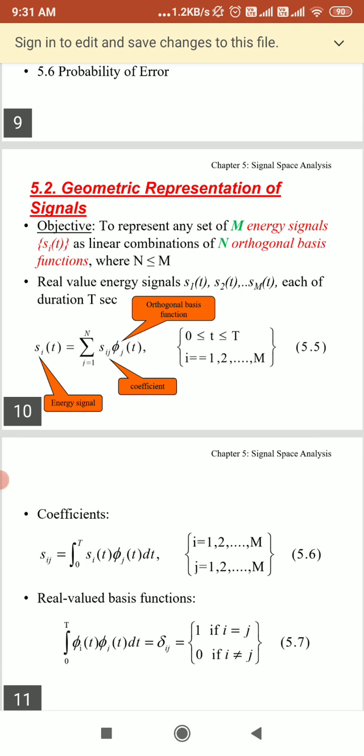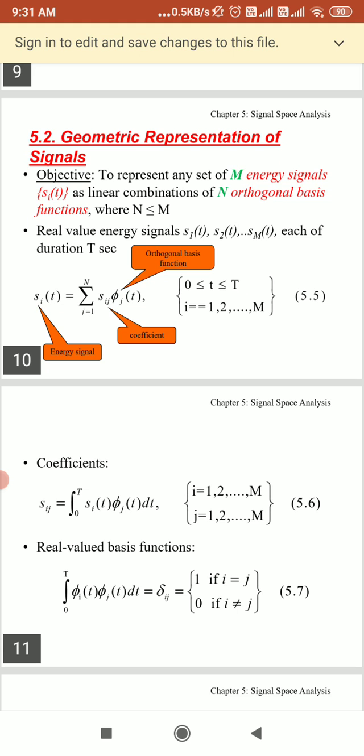So to represent any set of m energy signals, from 1 to m, we take Si of t, i equal to 1 to m, as a linear combination of n orthogonal basis functions where n is less than or equal to m.